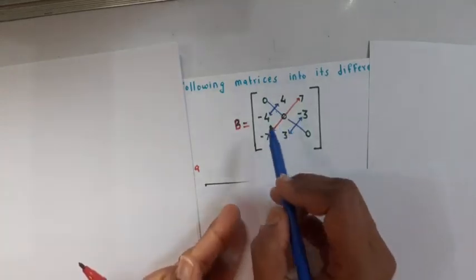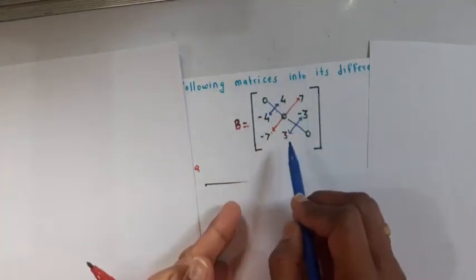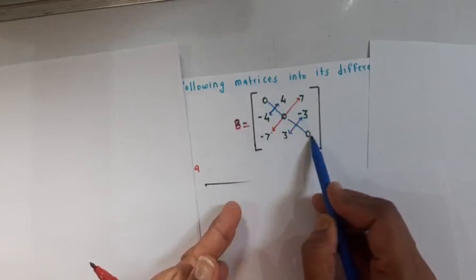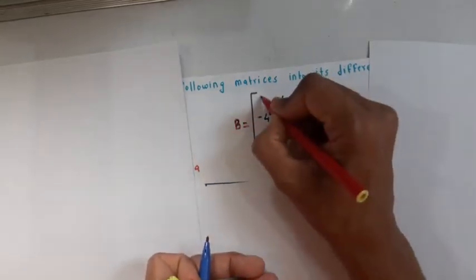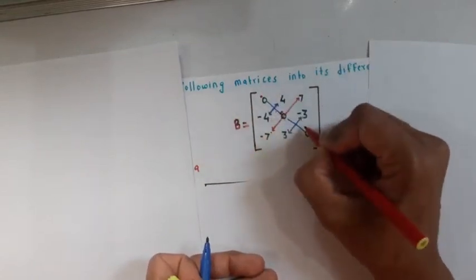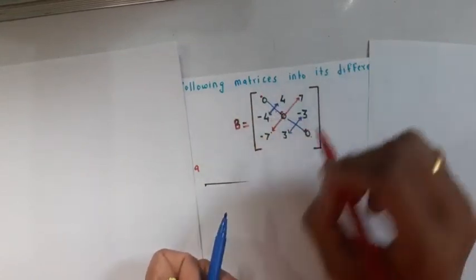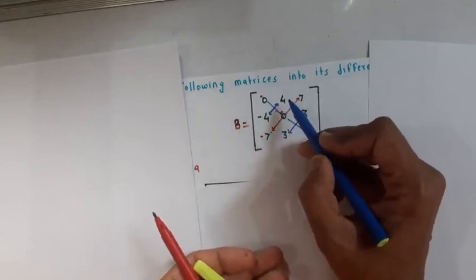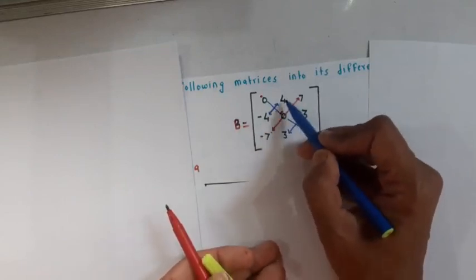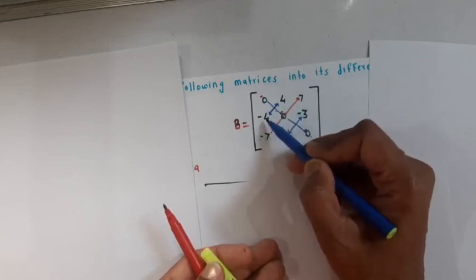See students, in this matrix we have observed that the diagonal elements are 0. And the non-diagonal elements are symmetric, meaning the numbers are the same with opposite sign.